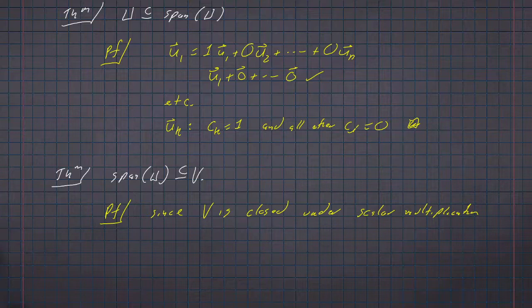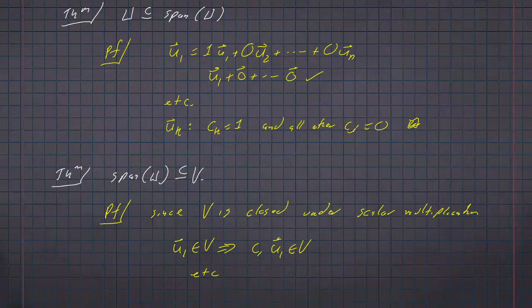We know that set U is a subset of set V, so that means that U1 is in V, so C1 times U1 is also going to be in V. And all of my CK times UK are going to be in V.